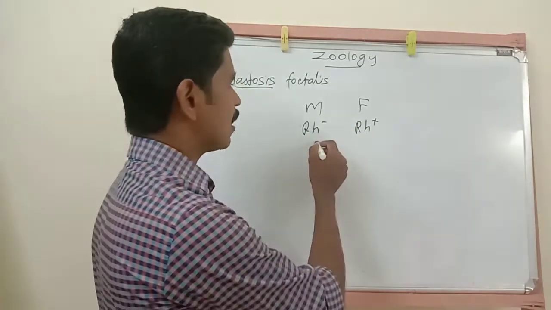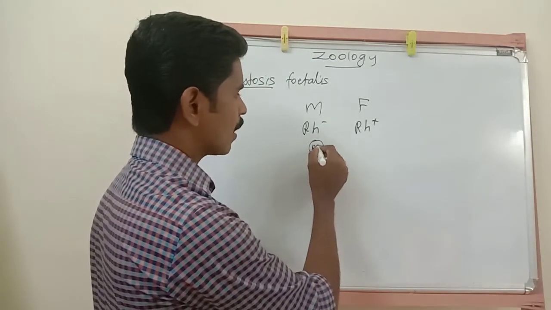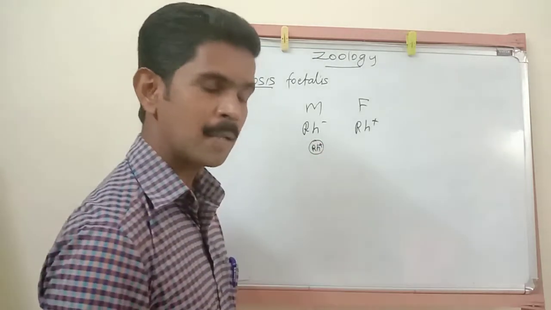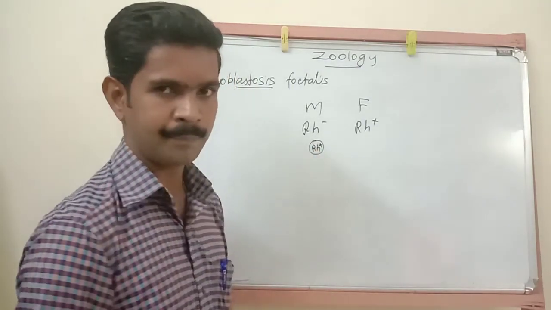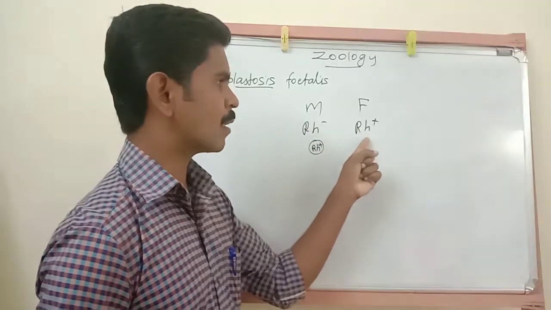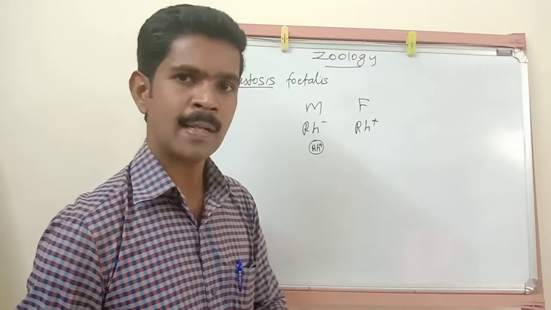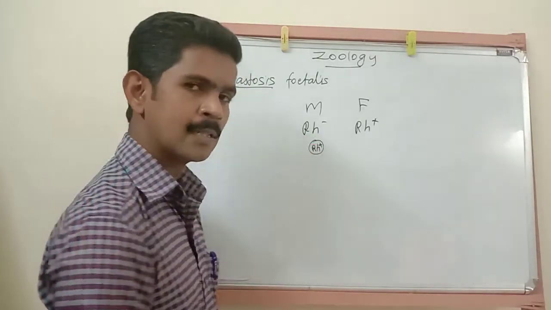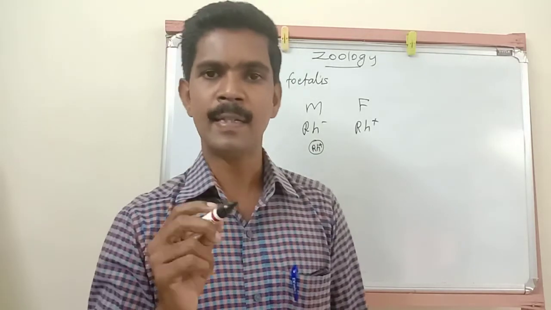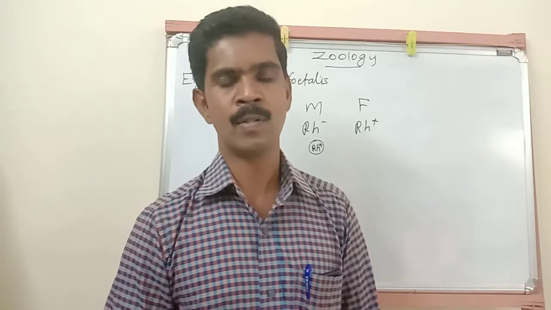A fetus is developing inside the uterus of this mother, and the fetus may be RH positive. Sometimes an RH positive fetus may develop inside the uterus of an RH negative mother. So, an RH negative mother is carrying an RH positive fetus in her uterus.